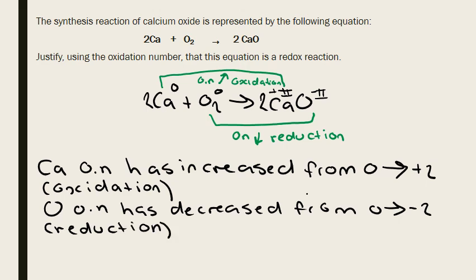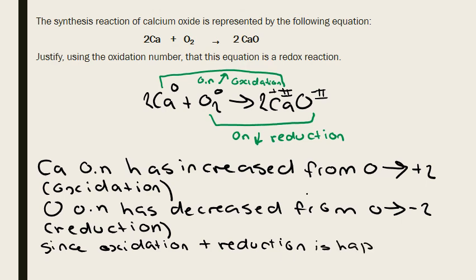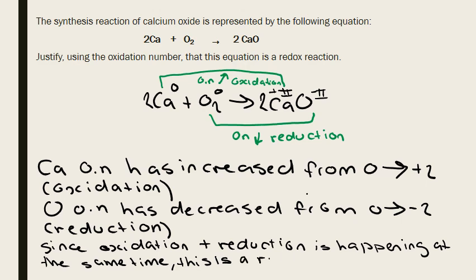Reduction is the gain of electrons. Since oxidation and reduction are happening at the same time, this is a redox reaction.